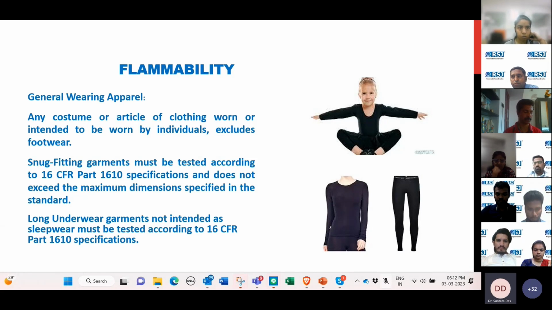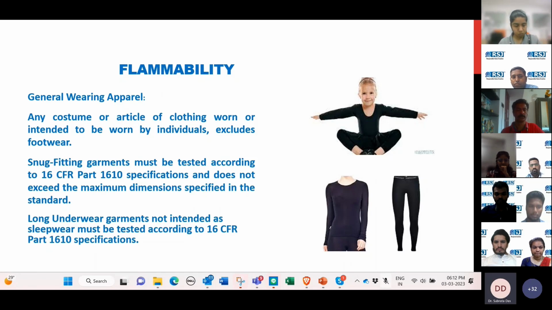Now, general wearing apparel, as I was saying, is any costume or article of clothing worn or intended to be worn by individuals, and it excludes footwear. Footwear testing is not there in this flammability regulation. But snug-fitting garments, as we can see here, must be tested for 16 CFR part 1610 and must not exceed the maximum dimensions specified in the standard.